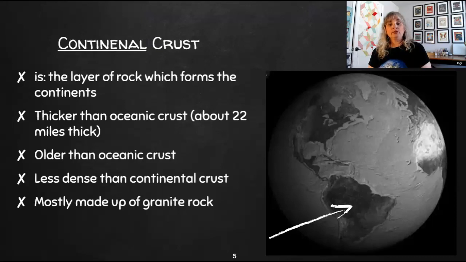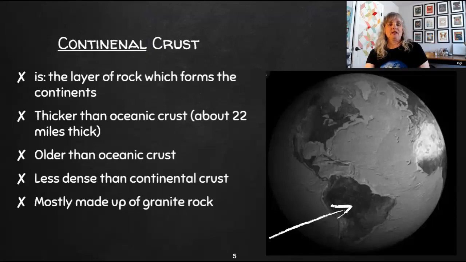It is older than oceanic crust, and it is less dense, meaning it weighs less for the amount of space it takes up. And it's mostly made out of granite, which is a kind of rock. Some of you might have granite countertops, which is a kind of rock that's been honed for counters. But there's lots of granite rock. You can find rocks all over the place that's made up of granite.